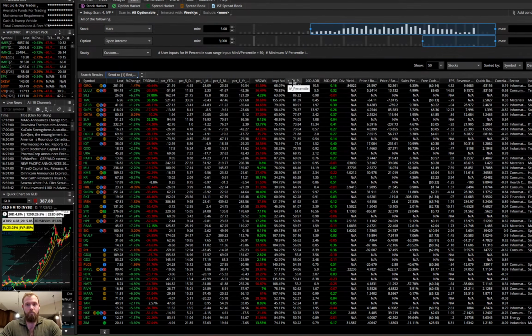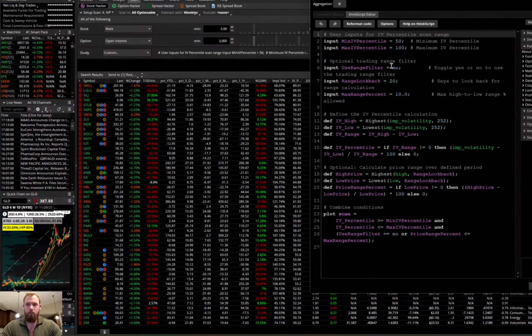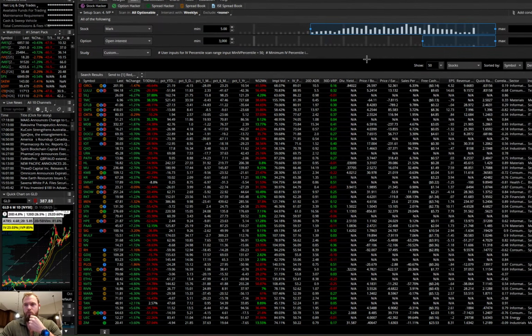The other thing is the implied volatility percentile here differs from the look back period here a little bit, which is a little bit annoying, but again, that's the nature of using this platform for stuff like this. It's kind of annoying, to be honest. But the other way to look for stuff in here, in case you're wondering, is just to use their standard implied volatility.